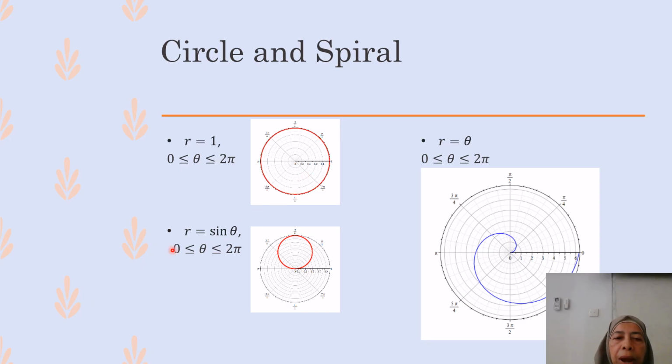And when the equation is r equals sine theta, we also will have a circle, but with another position of origin above the horizontal line. And also when we have r equals theta only, the graph will be a spiral.